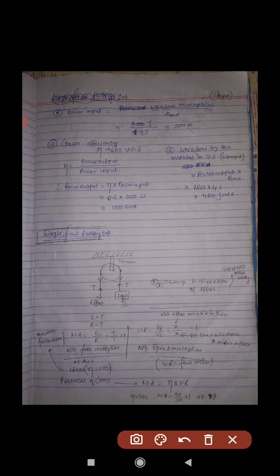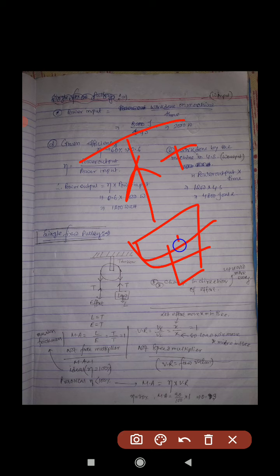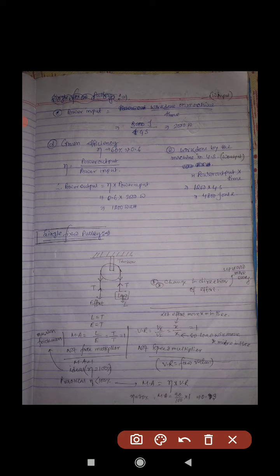You learned in class 9, where I explained the different types of force: gravitational force, tension. When a load is hanging from a fixed point, that load is balanced by a force called tension force, and tension always acts away from the point. The load acts downward, the tension acts upward, away from the point. So there is a tension force on the upper side.